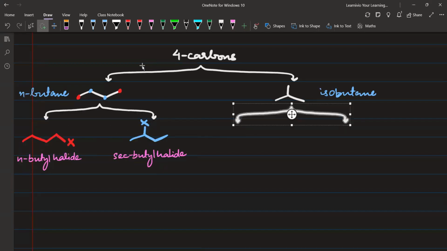And in isobutane also we have two possibilities. The red possibility, which is the middle one, and the blue possibility, which is the corner ones. All the corner ones are the same, as they only have 1 degree carbon atoms. So the red possibility will be something like this.